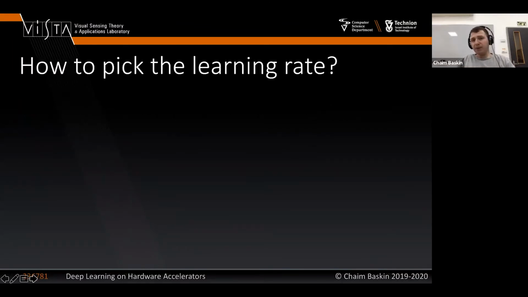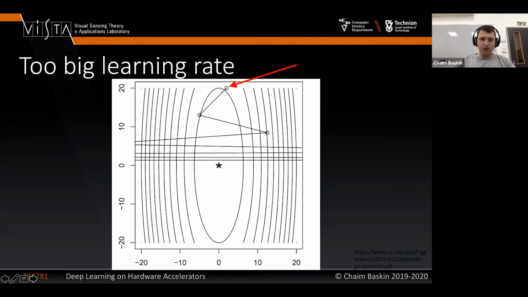How to pick the learning rate? This one is an example of too big a learning rate, because we are not reaching our optimal minimum. We diverge, with oscillation, so we do not converge here.